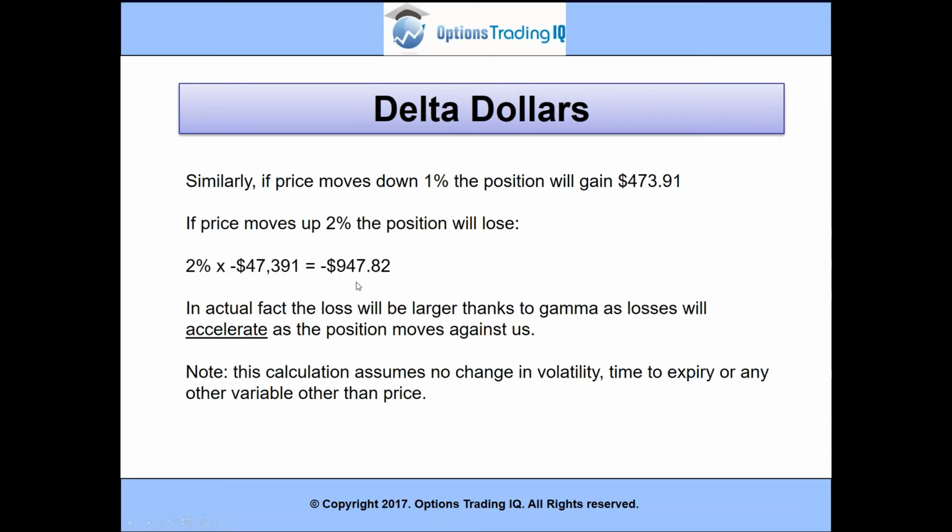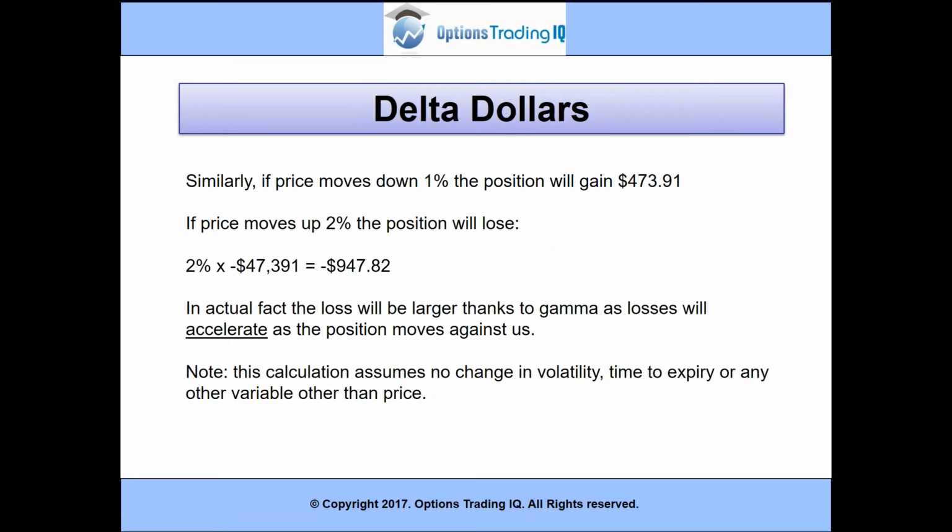If you've got a trade like this with $10,000 capital at risk and you lose $947, it's roughly 10% of the trade, or 1%, sorry. That's just something that I look at, and I'll share rules for position sizing and the levels I like to adjust at when delta dollars gets to them in the next slide.